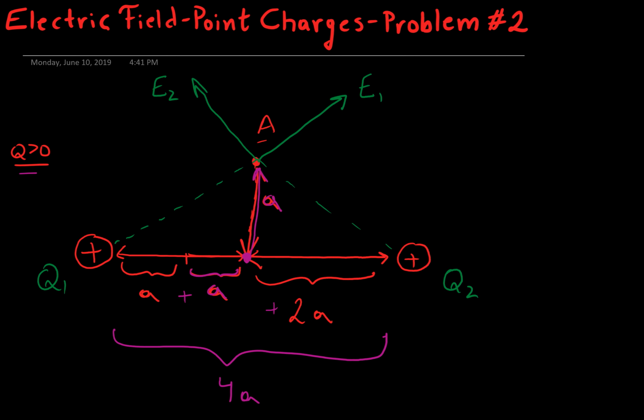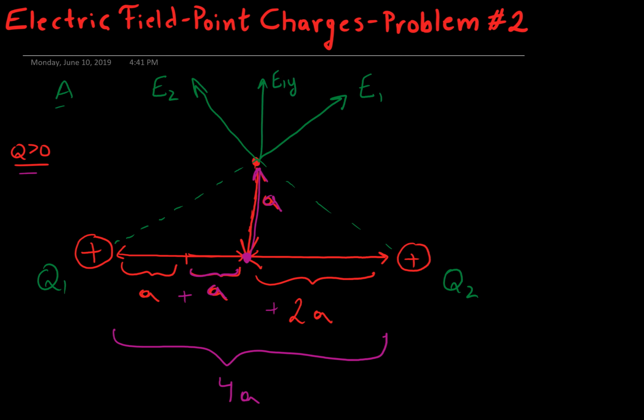Okay, now here, if we just look at E1, as we know from prior, there must be an x and y component to these vectors. So now we see here, for E1, there's a y component.